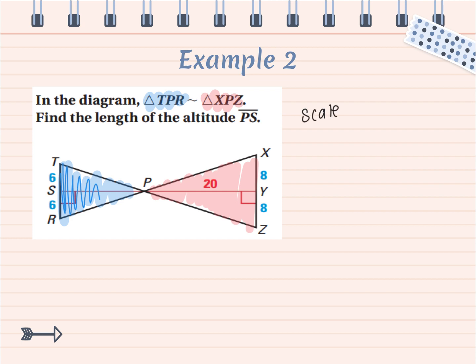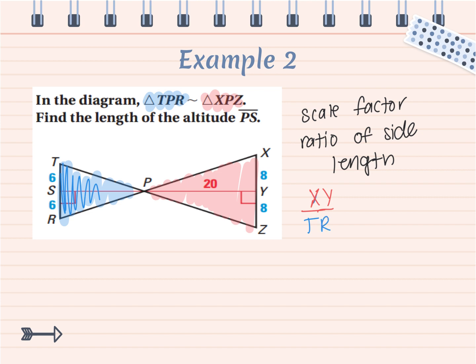My scale factor, which is the same as my ratio of side lengths, my corresponding lengths. So looking at it, I'm going to take the length of my red triangle, to my left. Okay, so it should actually be XZ, not XY.